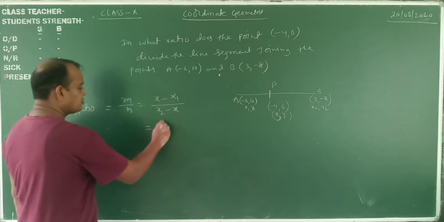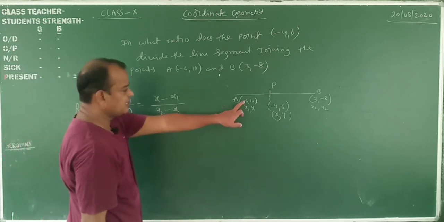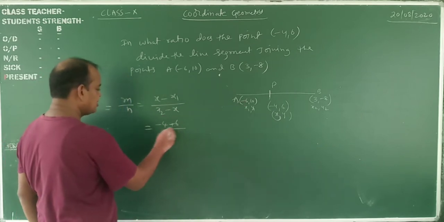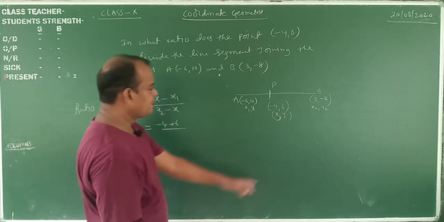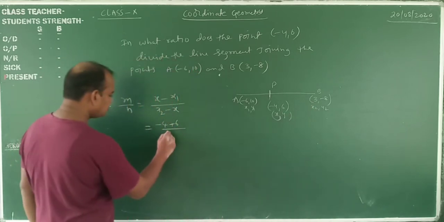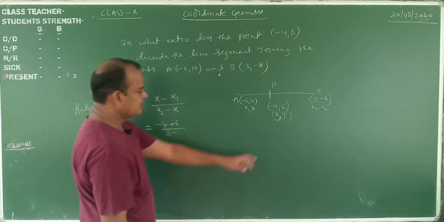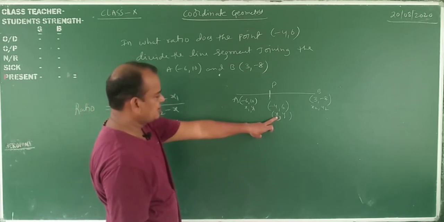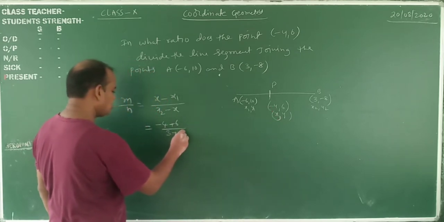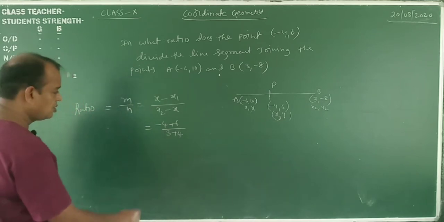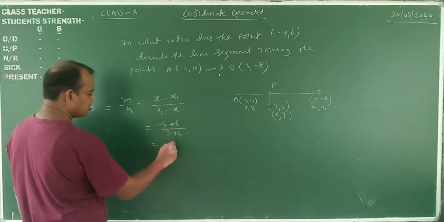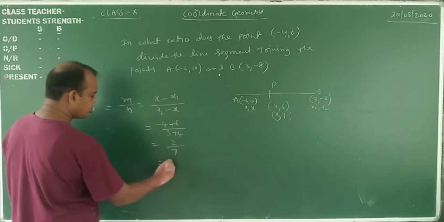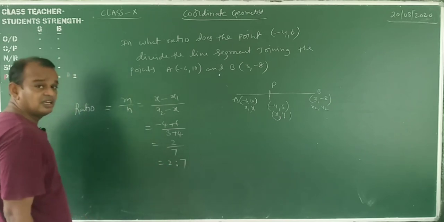Minus 4 minus x1, x1 is minus 6, minus and minus means plus 6, by x2, which is 3, minus x, x is minus 4 so plus 4. That gives 2 by 7. The ratio is positive, which means internally.